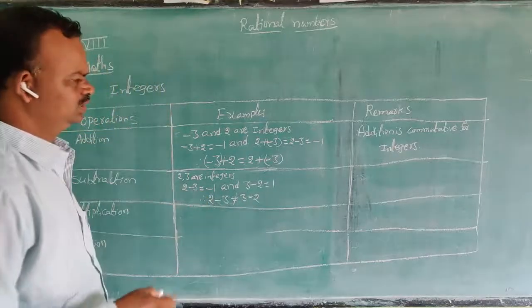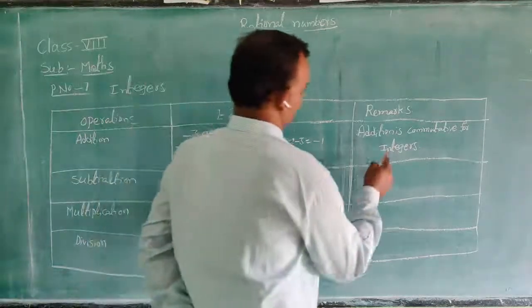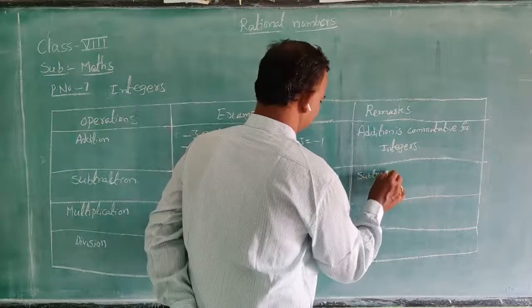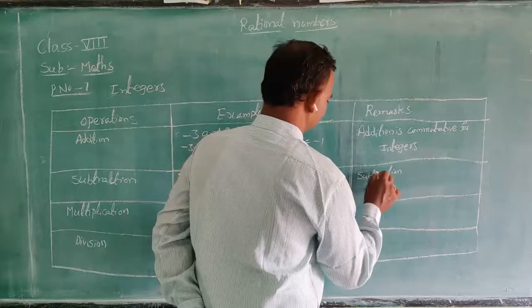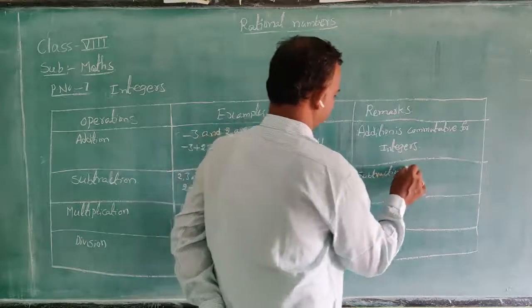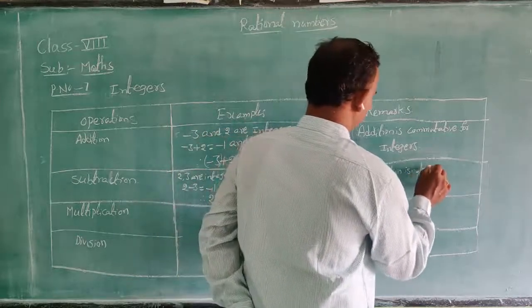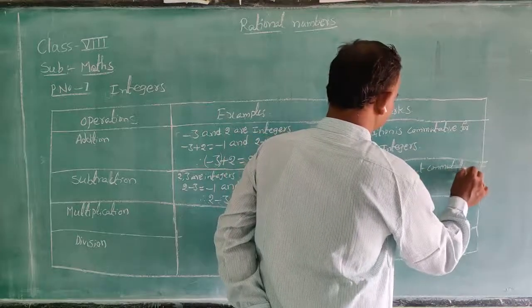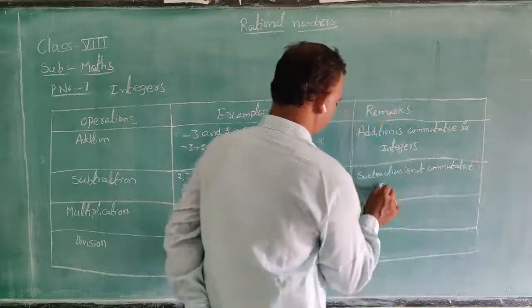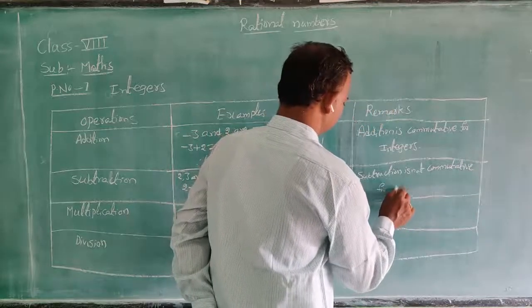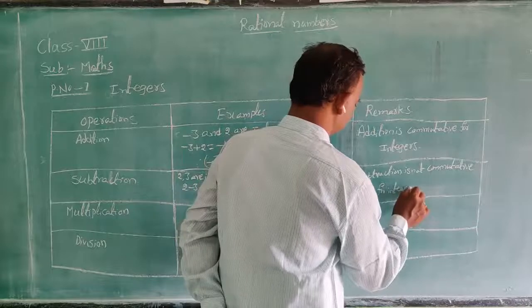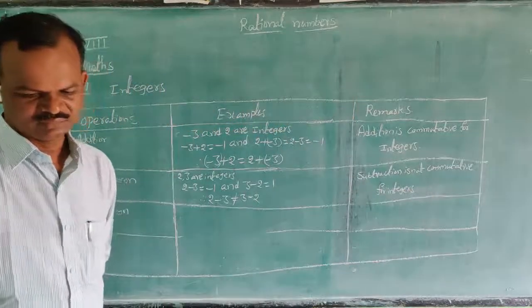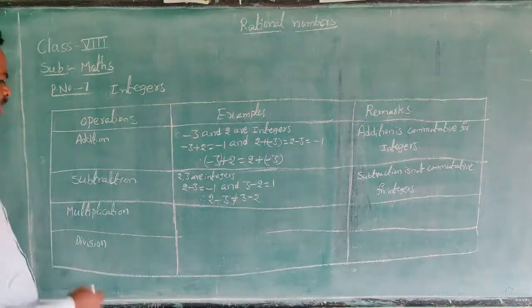Therefore, subtraction is not commutative for integers. And the third one is multiplication.